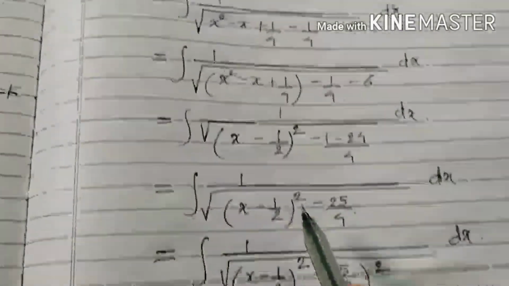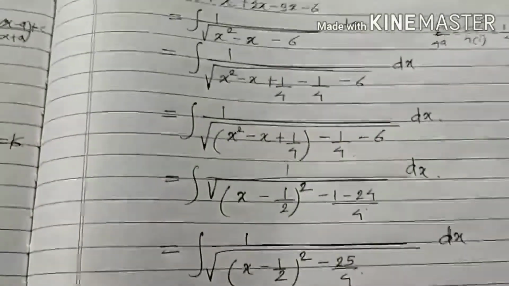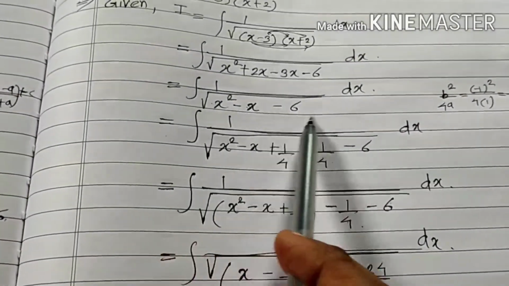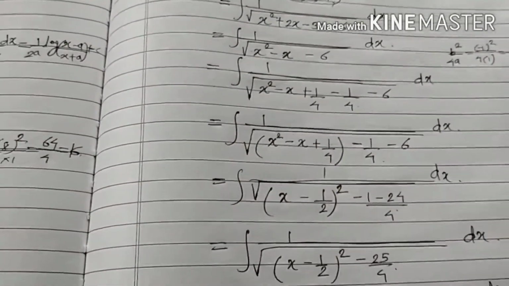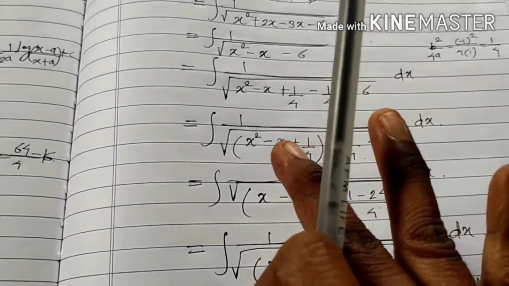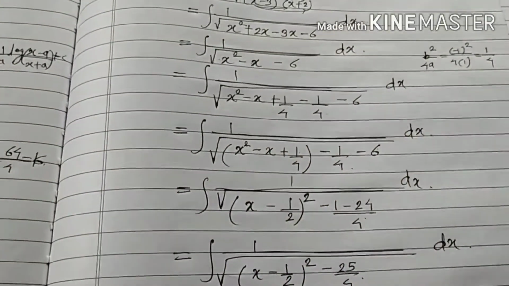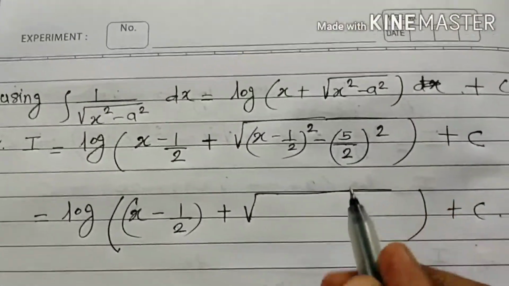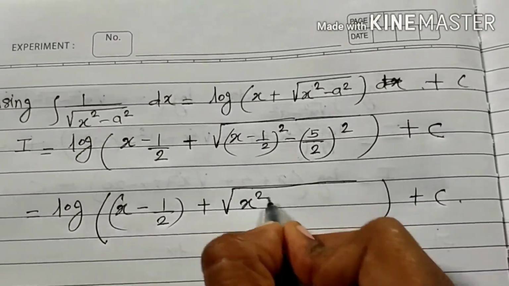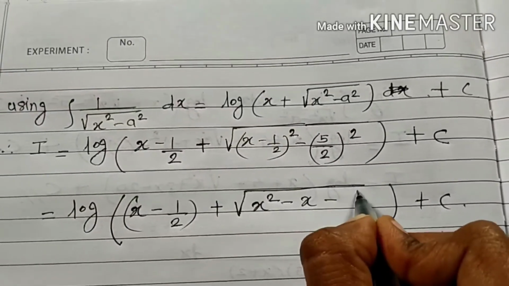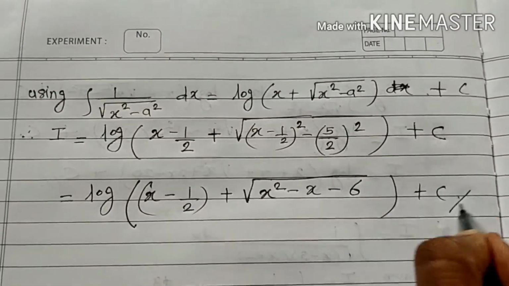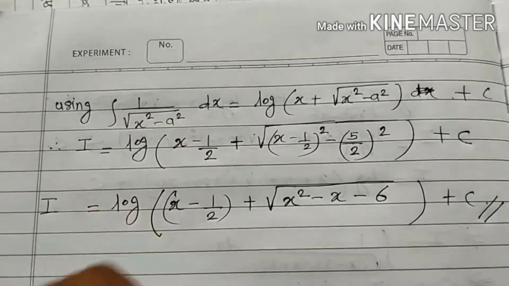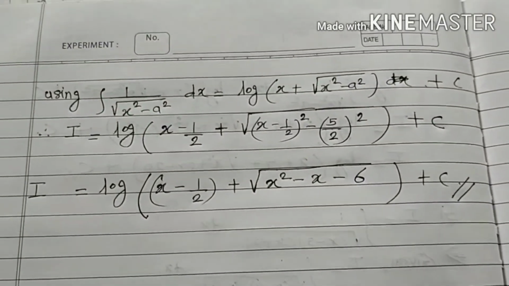So instead of this square root you can write the value of this square root. So this is x square minus x minus 6 plus c. So this is the value of I. This is your answer.